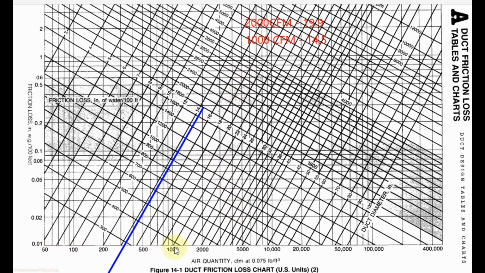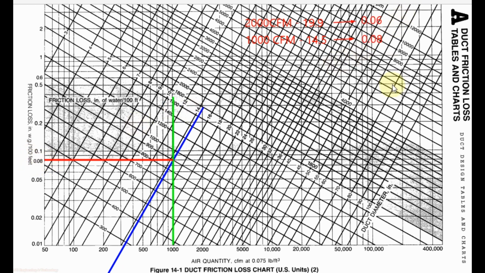So from here for 1000 CFM we will draw a vertical line, and at the point of intersection of these two lines we will draw a horizontal line that will give us the pressure drop in the duct in water gauge per 100 feet, and from here you can see this value is 0.08 water gauge per 100 feet.